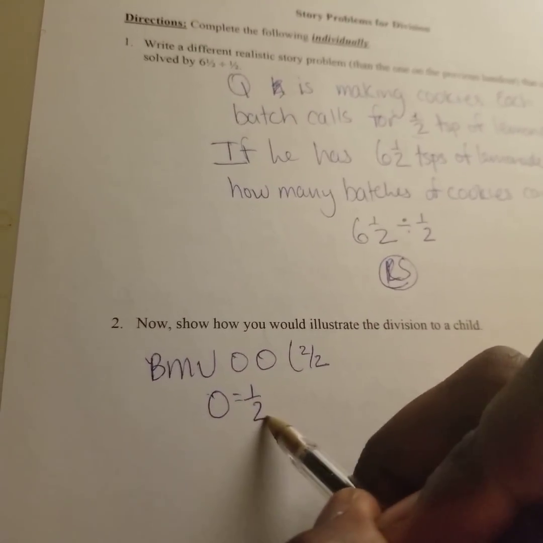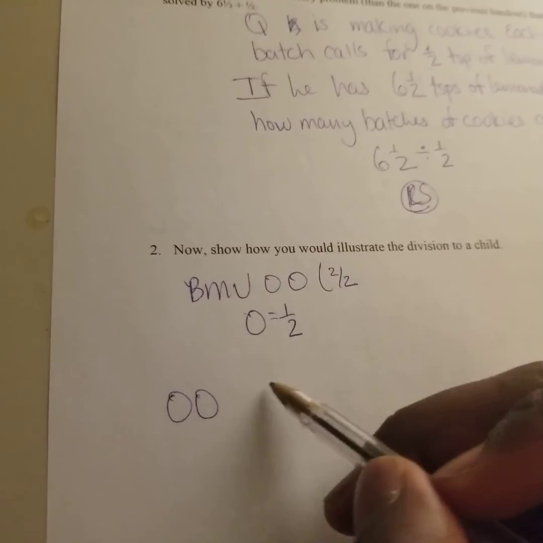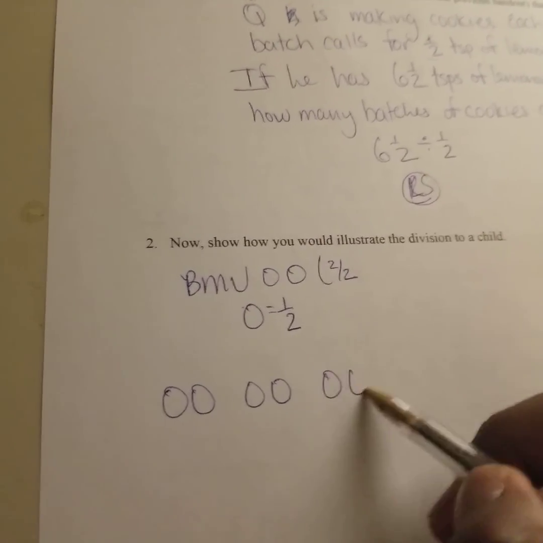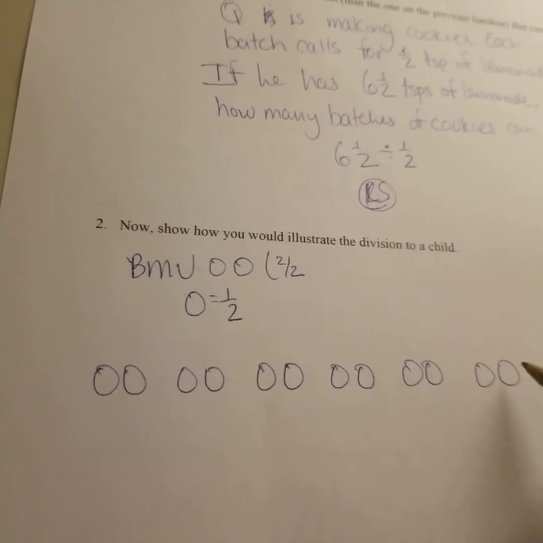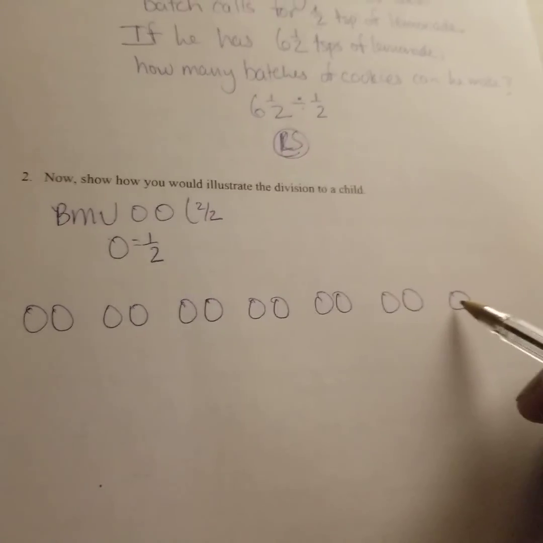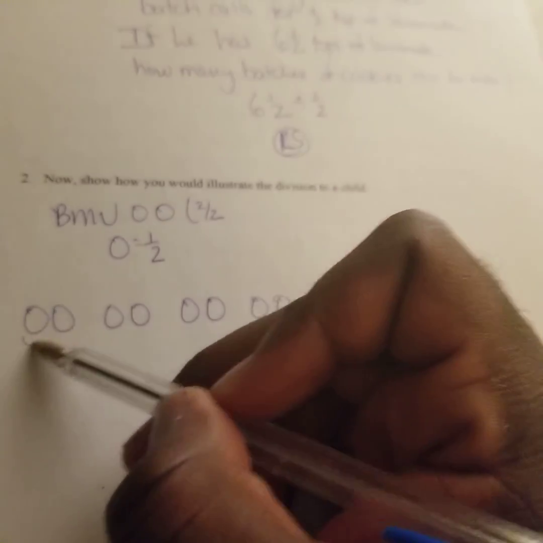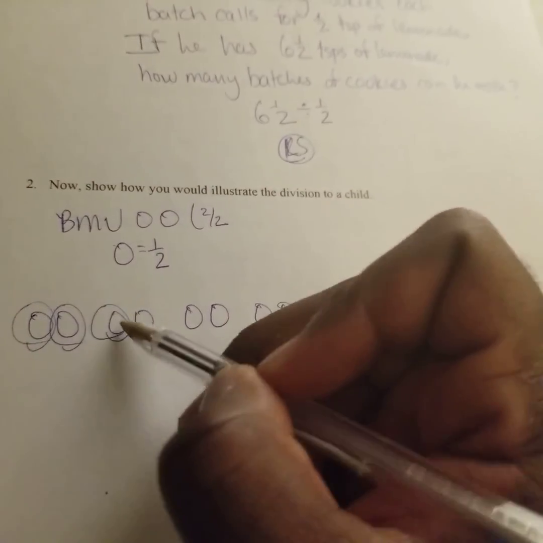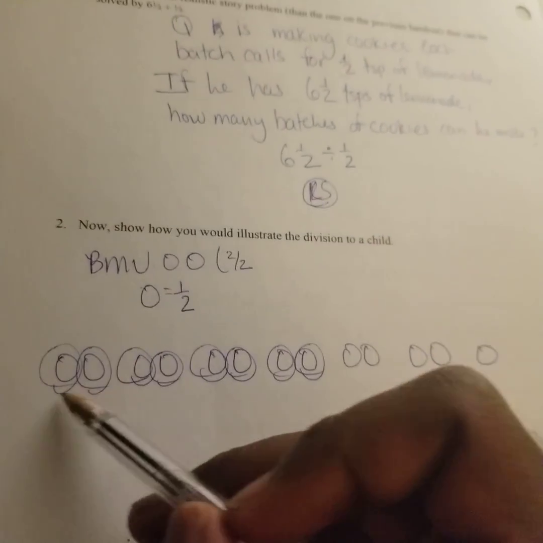This equals 1 half. And I have 6.5, right? So that's 1, that's 2, that's 3, that's 4, that's 5, that's 6, and that's 1 half. And the size of my group is 1 half. So I'm literally just counting halves. I should probably label this.